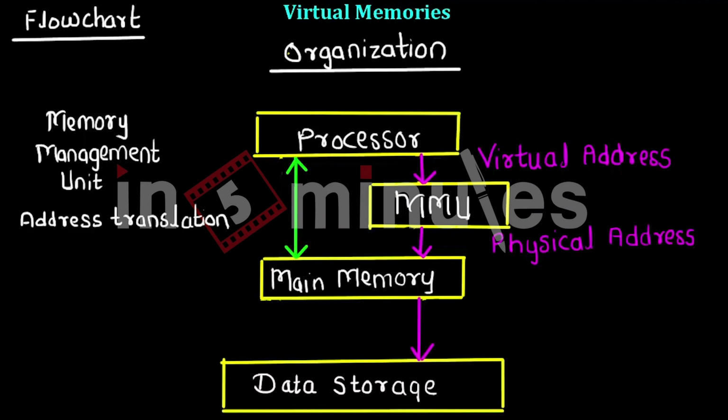If the data is not present, then main memory communicates with the secondary data storage, and the data transfer is performed using DMA techniques. After the entire data block is placed in the main memory, it is fetched by the processor. So this is the organization of virtual memory.